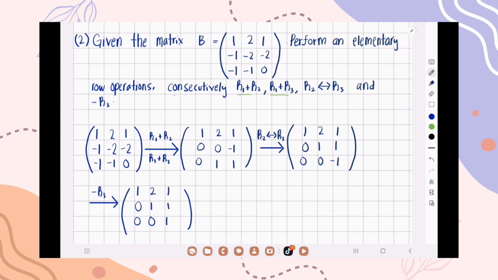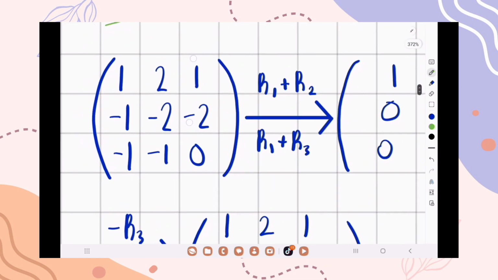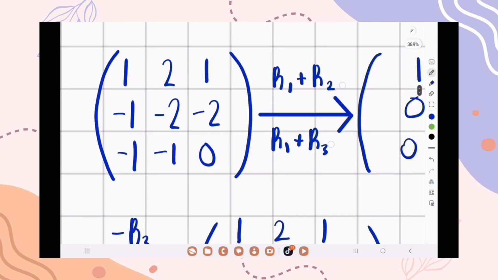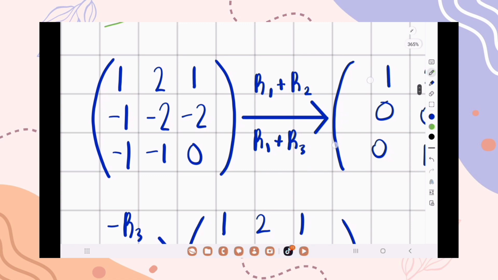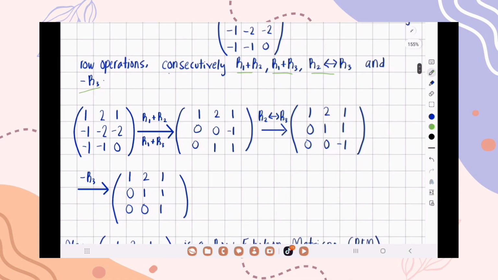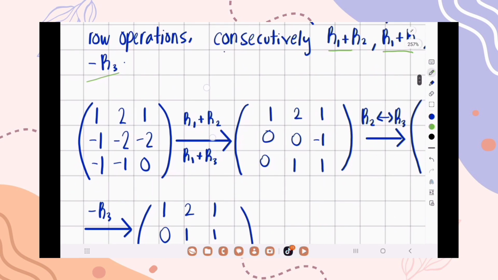These are the orders. For the first step, we copy the matrix given, which is 1, 2, 1, -1, -2, -2, -1, -1, 0. Make sure to copy it correctly so we don't make a mistake.